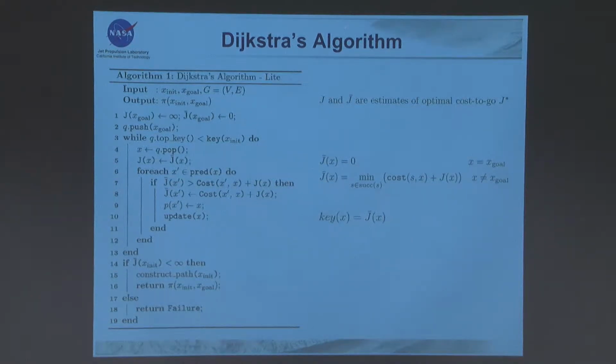So for every node, we have J and J bar, and we assume J bar satisfies this condition. And we have something called a key, and this key is the value of J bar. We use a priority queue to order these vertices. We do some updates, and we always pick the node that has the minimum key value.